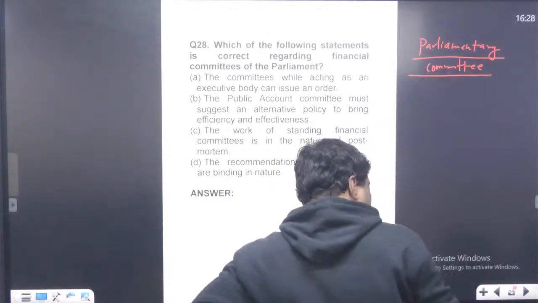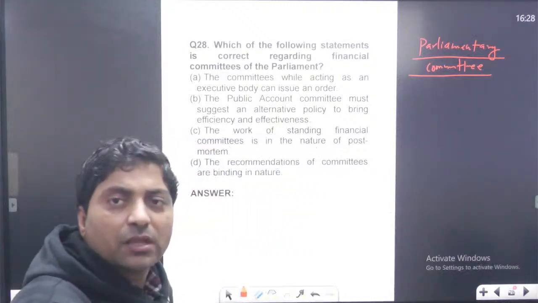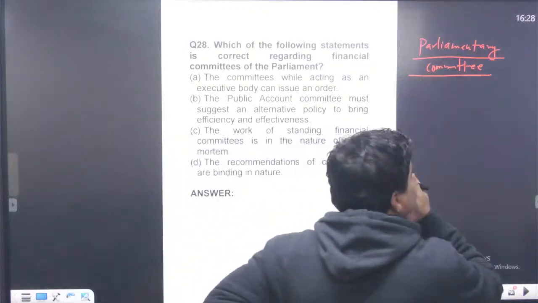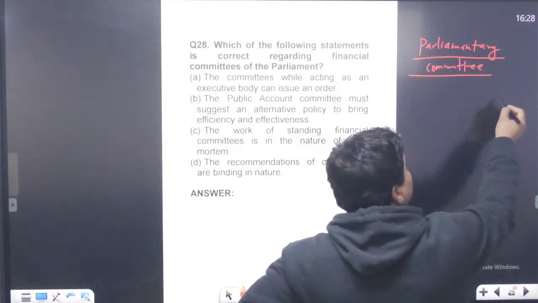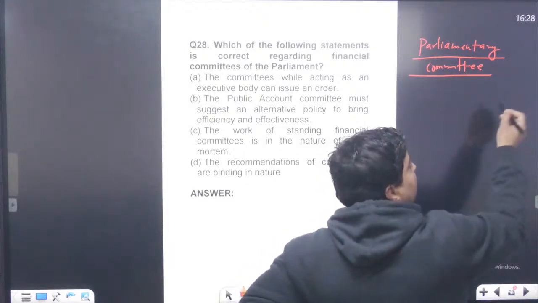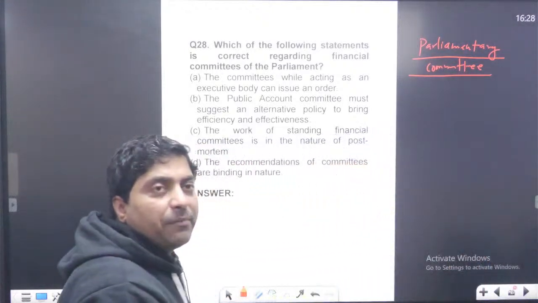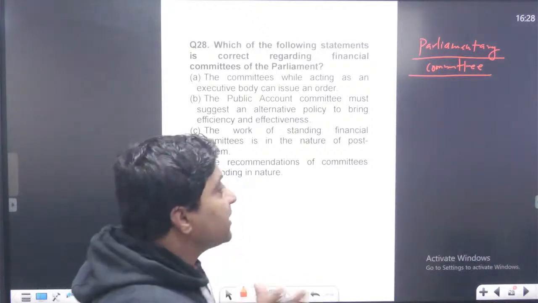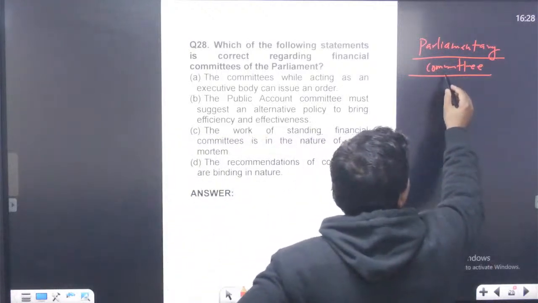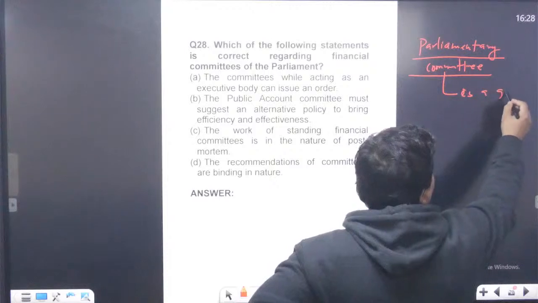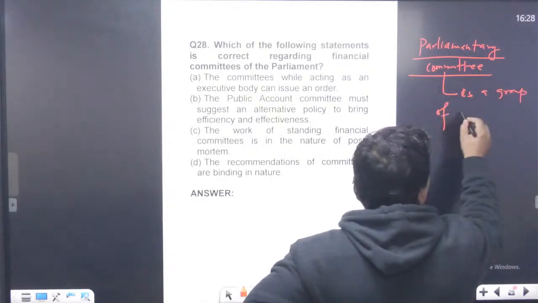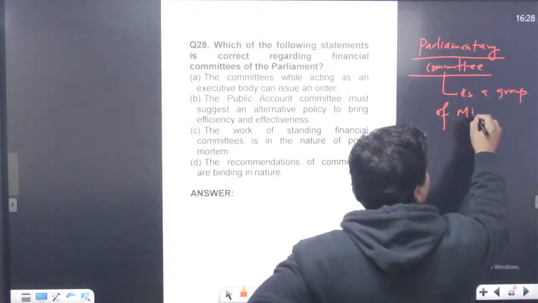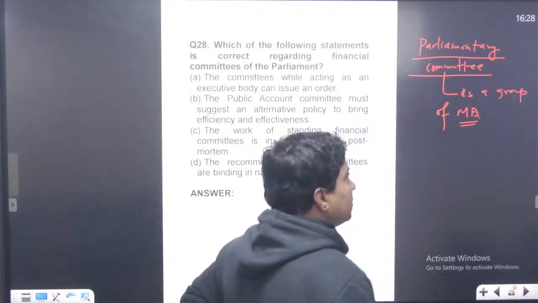Basically, in Parliament, in the Lok Sabha, there are approximately 800 members. Parliament subdivides them into groups, and that is called a parliamentary committee. So a parliamentary committee is a group of MPs.